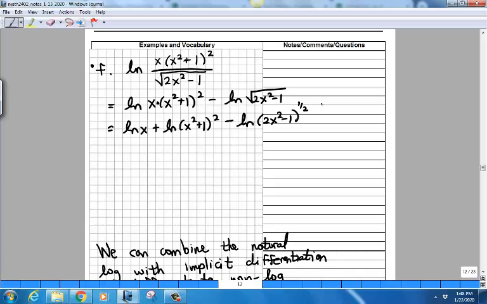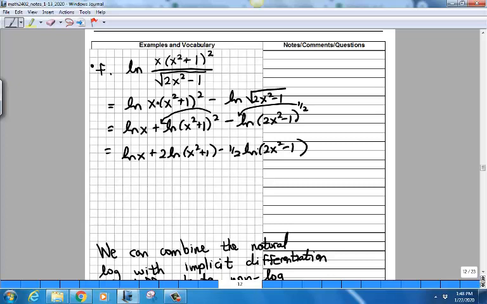Now you've broken up your quotients and products, but we have these powers, and remember, when you have natural log of a power, you can bring the exponent in front as a coefficient, right? So I can still rewrite this as natural log of x plus 2 times the natural log of x squared plus 1 minus 1/2 times the natural log of 2x squared minus 1.